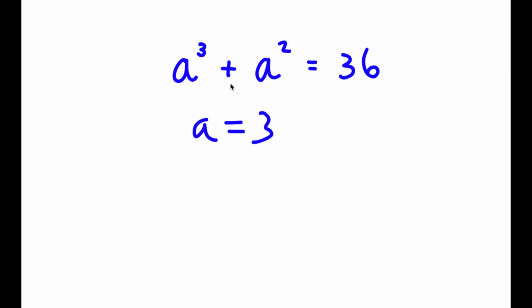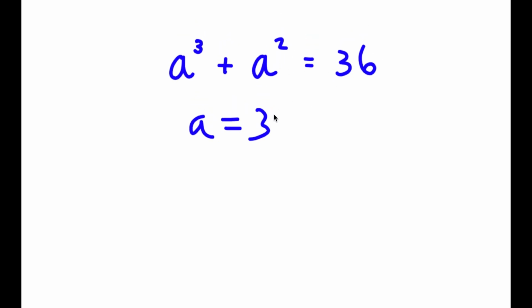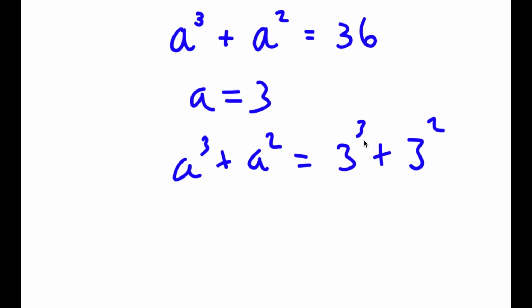And now that we found one solution of a, we can use this later. So we can use this by making a to the power of 3 plus a squared equal 3 to the power of 3 plus 3 squared, because we know that a equals 3. So I'm just plugging in 3 and making them equal to each other.